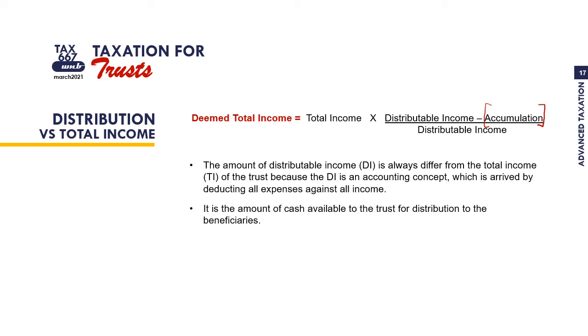Here, you can see that we have two types of income, TI, total income, and DI, distributable income. What is the difference between these two? DI always differs from TI because DI is an accounting concept.